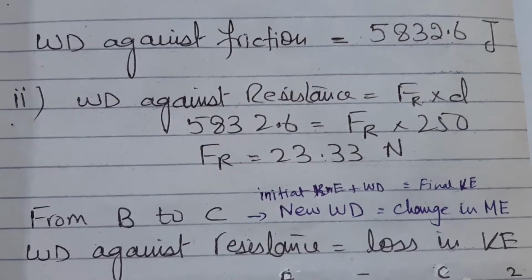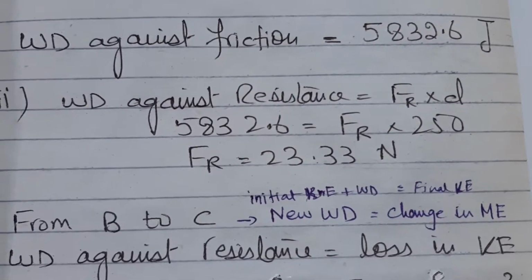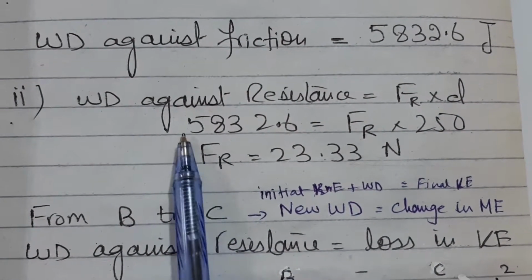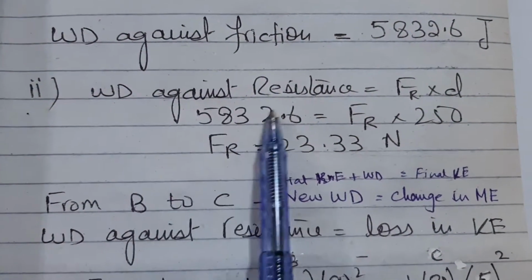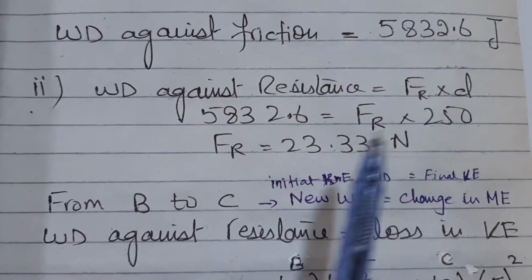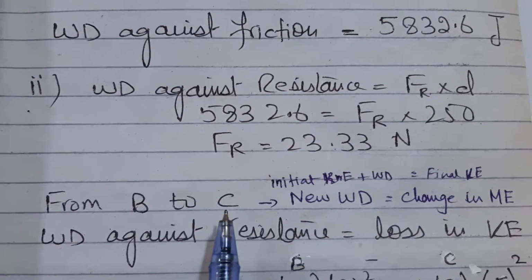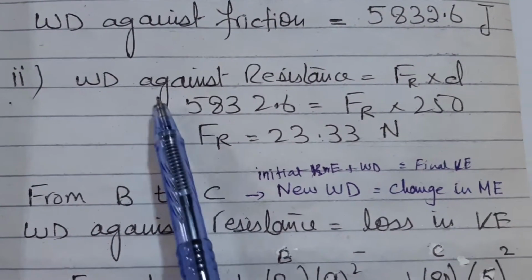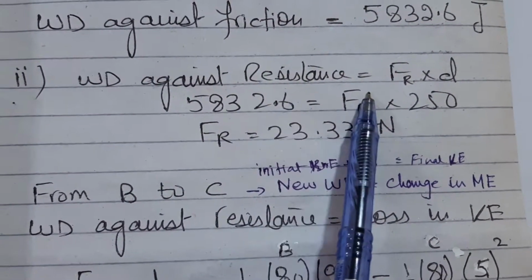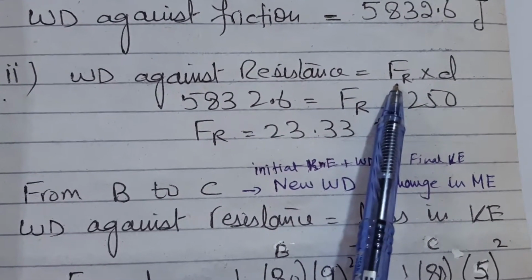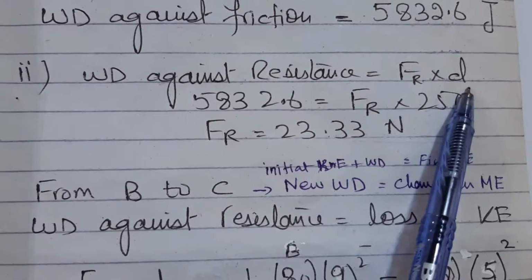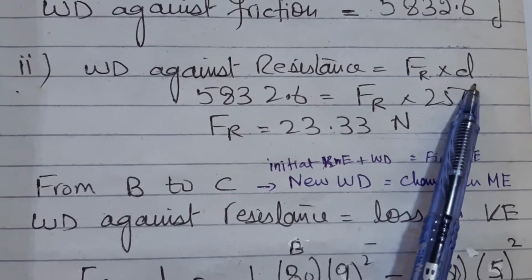Okay, so in part 1 we have found work done against friction. Now if we use the same value, because the force of resistance was the same, we need to calculate that force of resistance basically. So work done against resistance is equal to resistance force into distance.